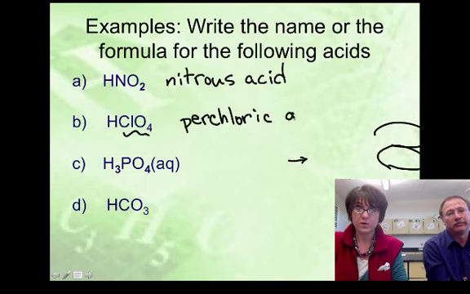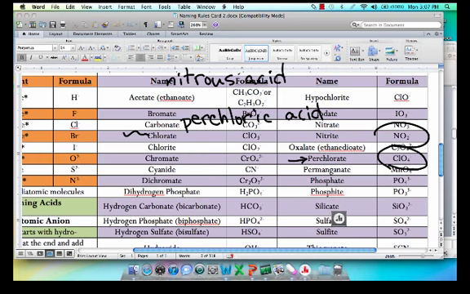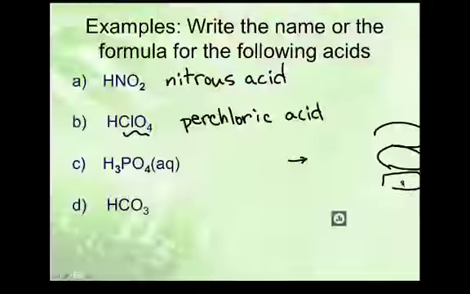Oops, I was looking for PO4. So back to our naming card. PO4 is phosphate. That's the one. And that's why we have 3 hydrogens, because of that 3 negative on there.